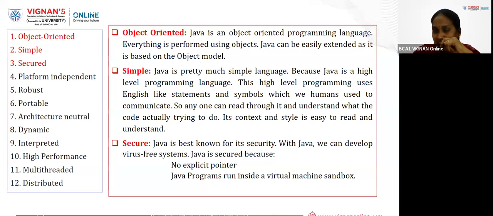That is, if I want to extend the program, or do any modifications in the program, those can all be easily done in Java, since it is based on objects. Various objects are there, and in whichever object I want to do the modifications, I can do those modifications.